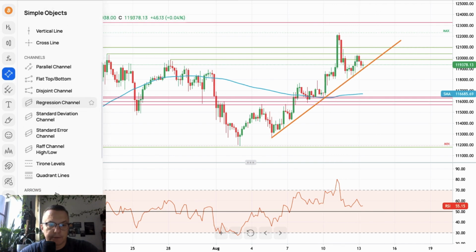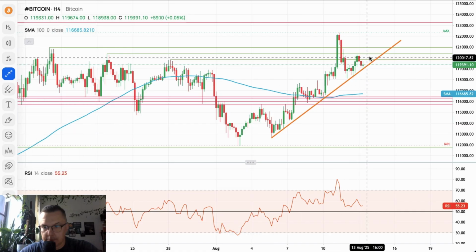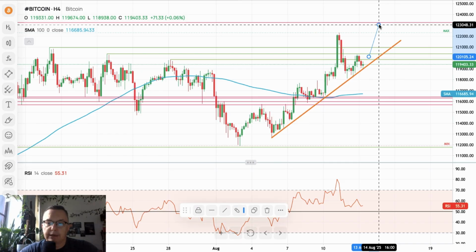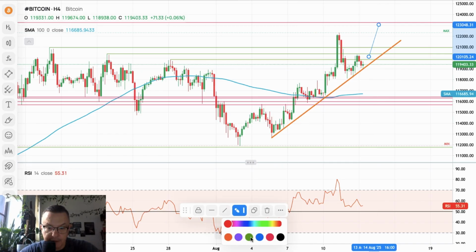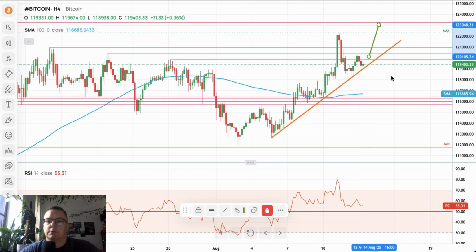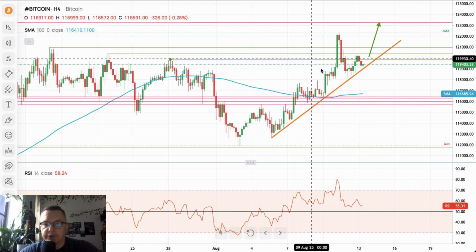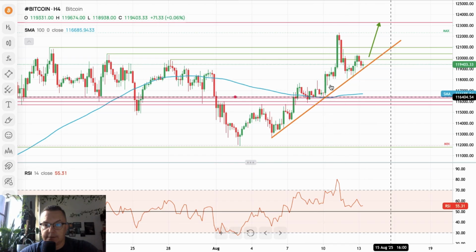Let me place this green arrow. Of course, the next target is the previous all-time high, but we can easily break above this level and move even higher. So that's the Bitcoin outlook. Obviously, if we break below the trend line, the zone between 116 and 115 will be tested.